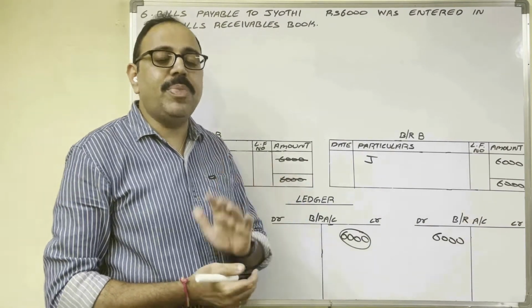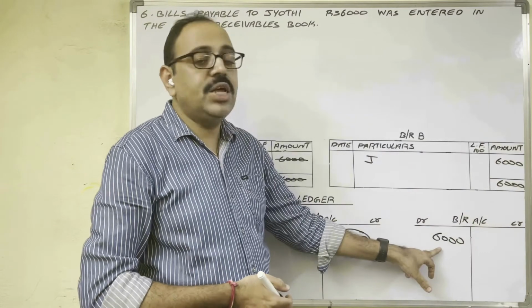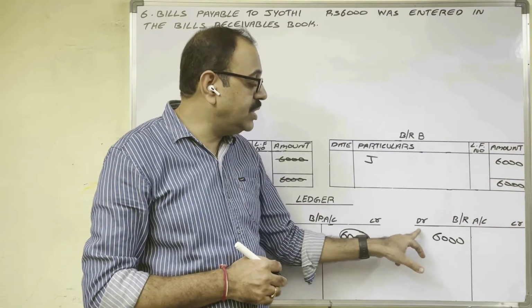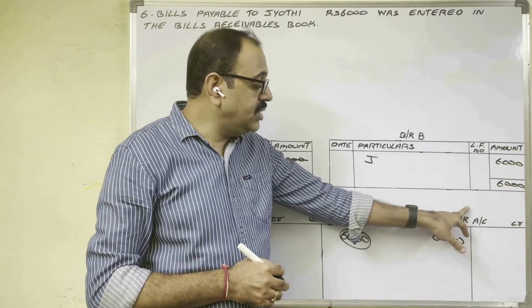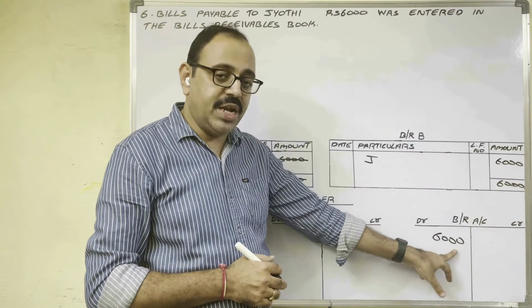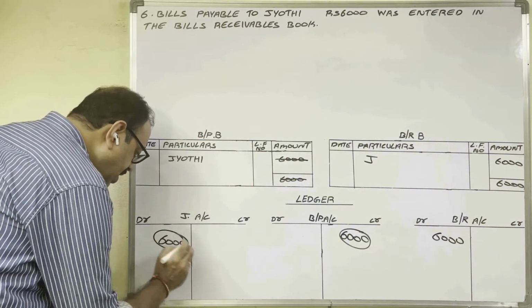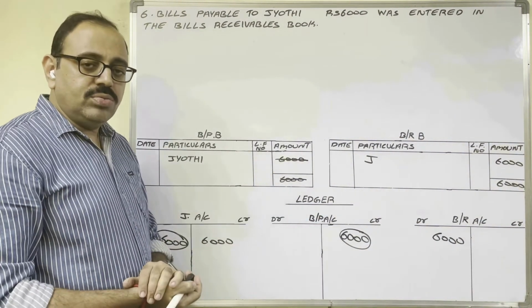Asset shows a debit balance. Therefore, this total on debit side they posted in bills receivables account. To sundries as per bills receivables book 6,000 rupees they wrote. As bills receivables account was debited, Jyoti account was credited with 6,000 rupees. Mistakes are in three accounts.